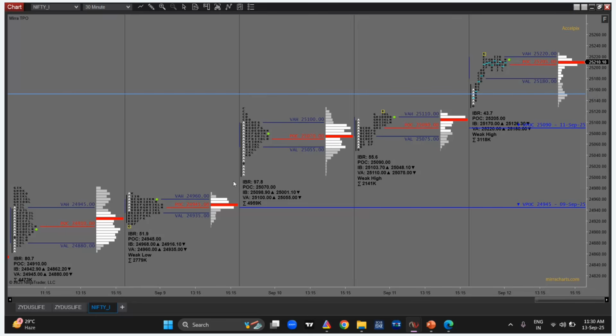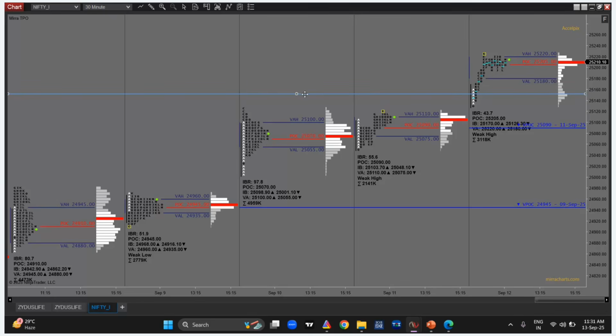Moreover, these Monday levels hold as reference levels, and these give you a bigger reference than other reference levels. This 25,180 will provide a lot of clues. This 25,110 will provide a lot of clues.